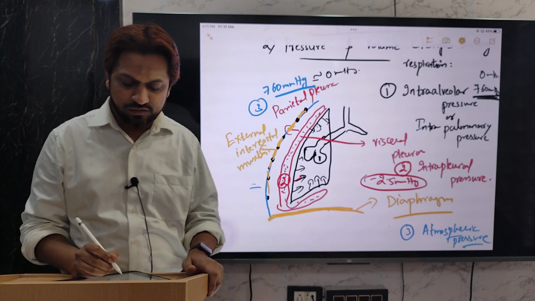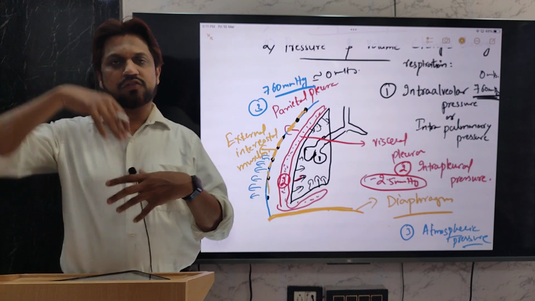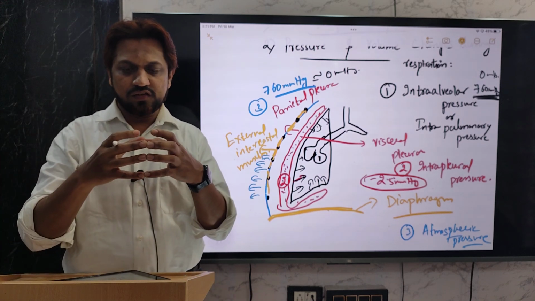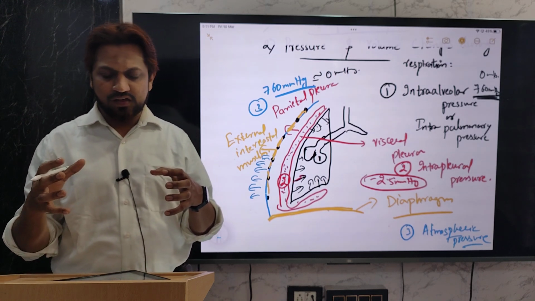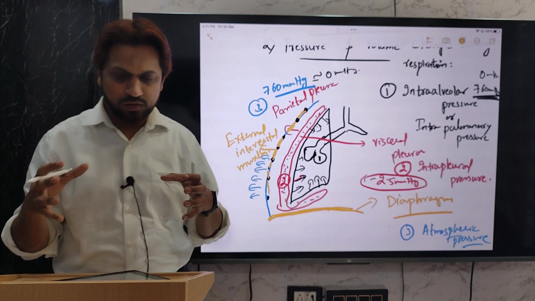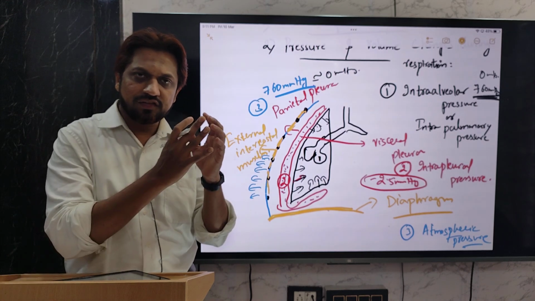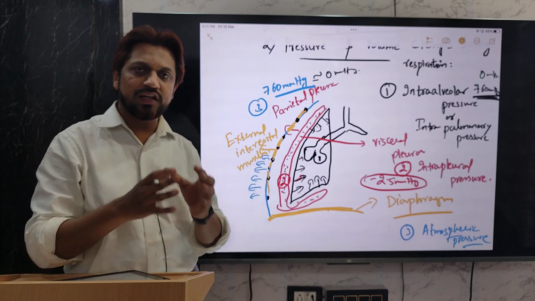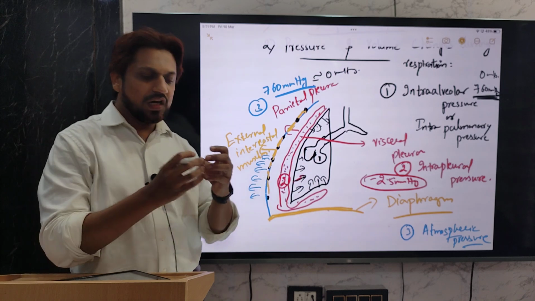That means if we remove the lungs and just see the chest wall as a separate entity, it is a bit larger in size. Whereas if we see the lungs as a separate entity from the chest wall, the lungs are originally of smaller volume, but together with the chest wall the lungs are a bit stretched.